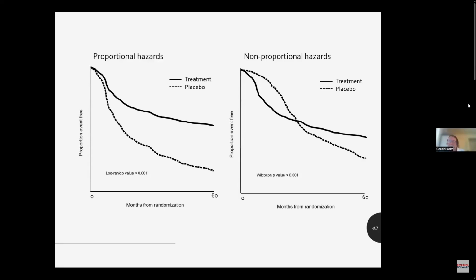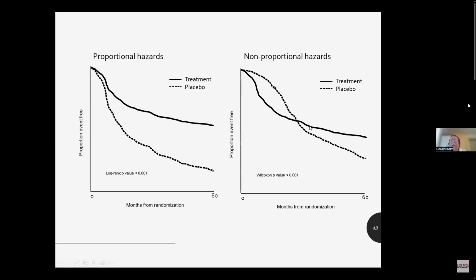And what we mean by that is that over time, the proportion, or the ratio of the hazard rates, are essentially the same. And you see this by looking at a graph of the survival functions, and if they look like this, they're more or less parallel, then the hazards can be considered proportional.